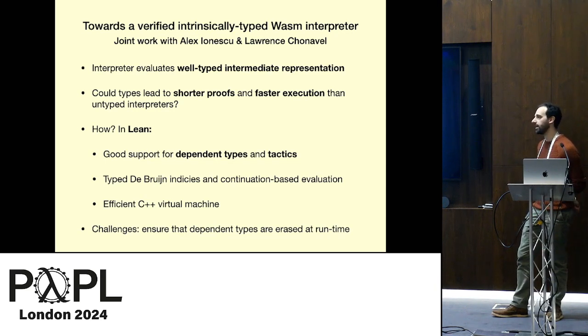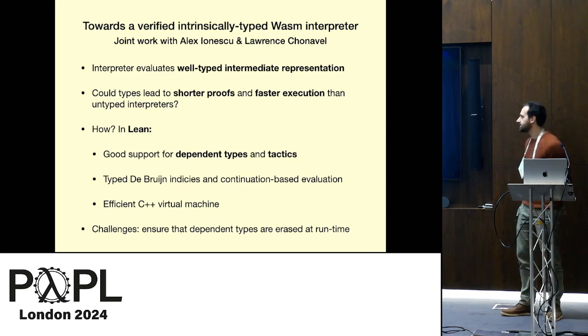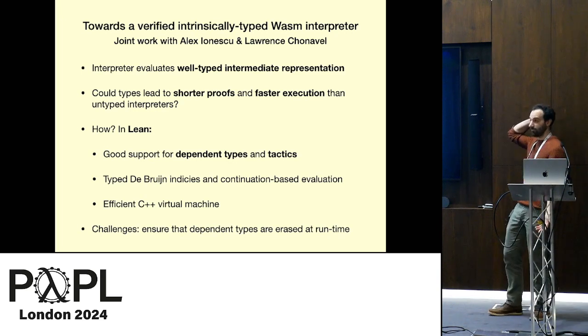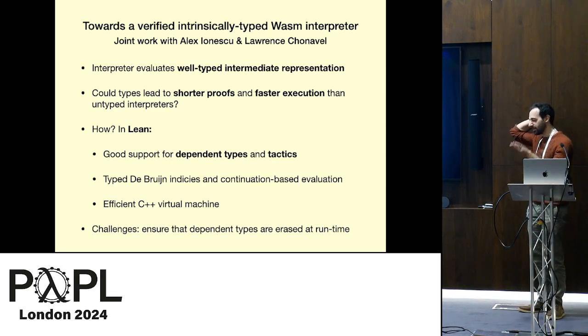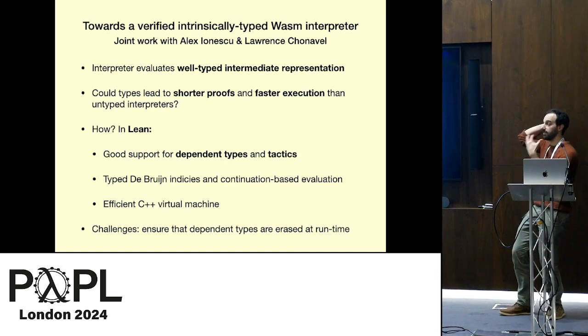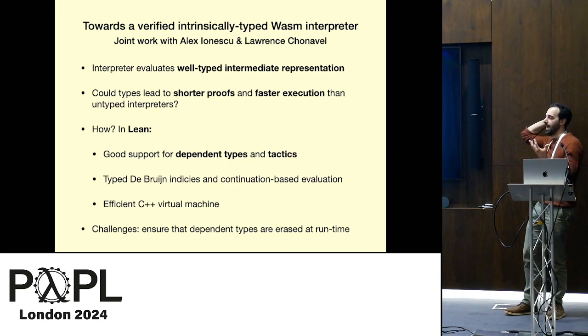The way I see it, this typed AST is really good for doing proofs. You can get, I don't know, preservation for free. Parts of the interpreter do benefit from this type information. I don't know yet if we're gonna manage to completely eliminate that, but that's our hope.